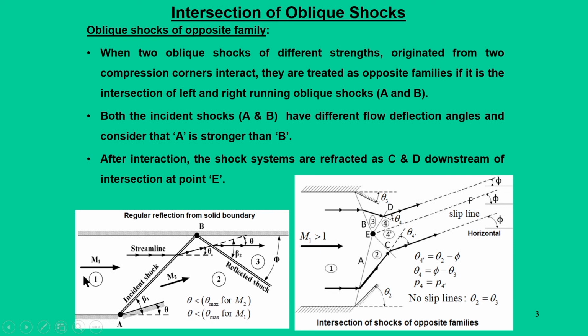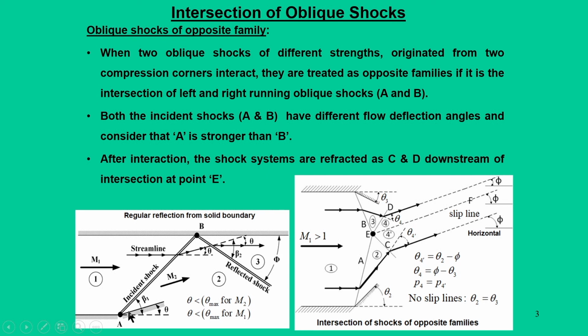Ideally, from the streamline point of view, the initial streamline in region 1, which was horizontal, now gets deflected after this incident shock by an angle theta, because the surface was inclined by an angle theta. Finally, the streamline going out from this reflected shock has to be again parallel to the horizontal surface.